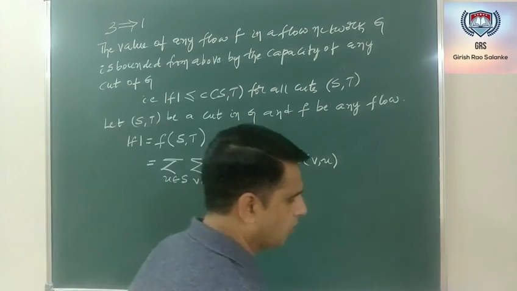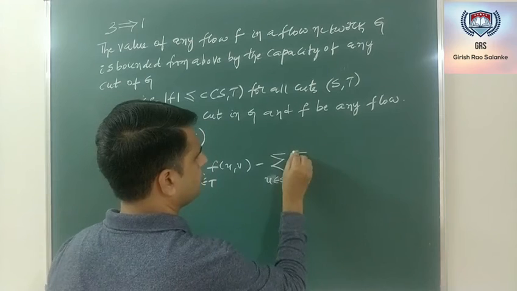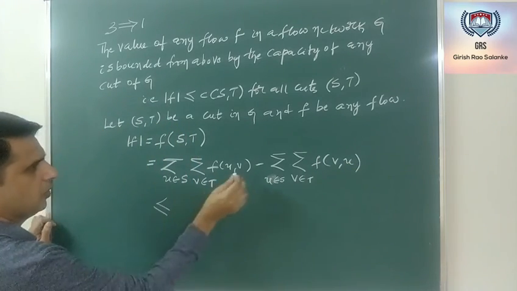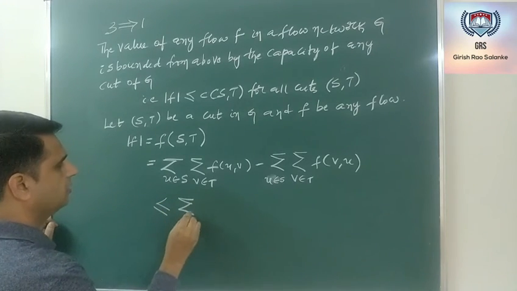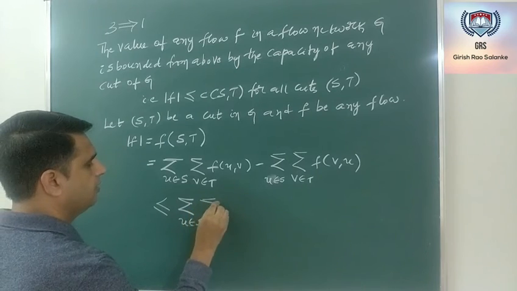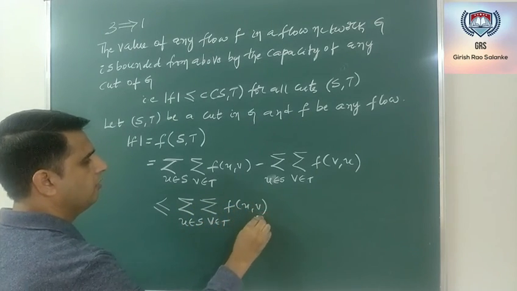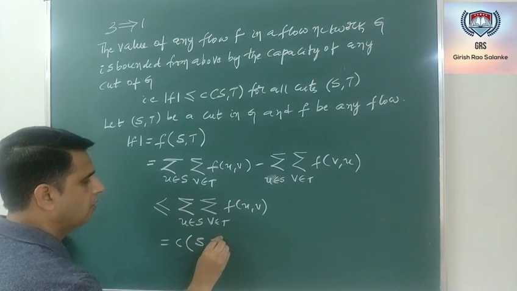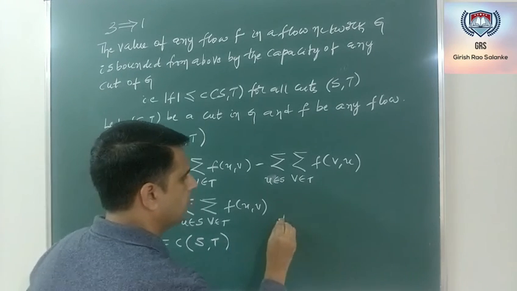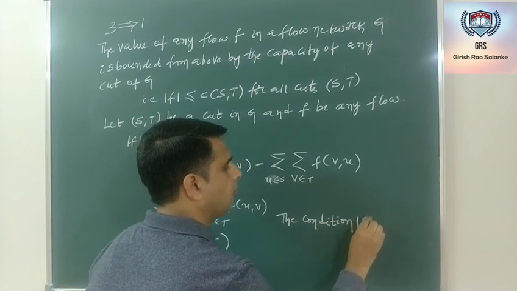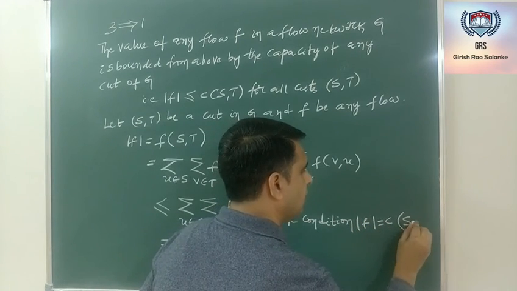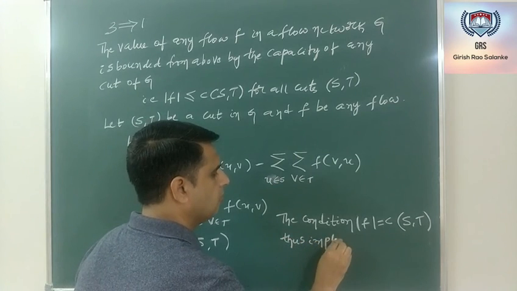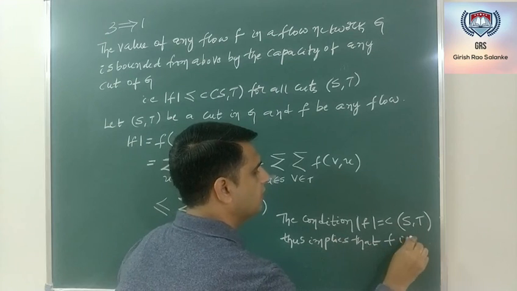V belongs to S and V belongs to T from F of V comma U. So this is less than or equal to, anyway, I omit this part, the summation of U belongs to S and summation of V belongs to T of C of U comma V. So this is nothing but the capacity on the cut ST. Now the condition F is equal to the capacity on the ST cut, in the previous one we saw that this implies that F is the max flow.